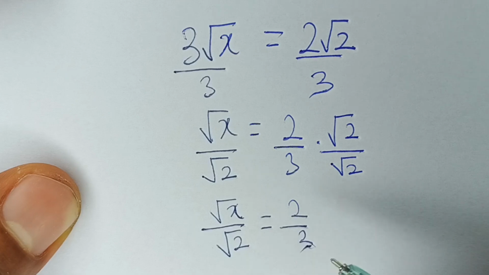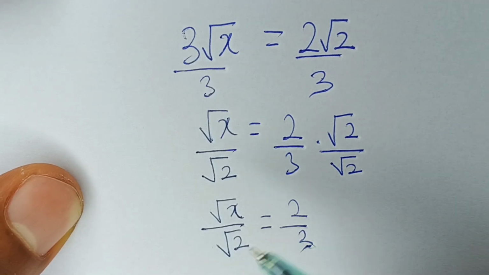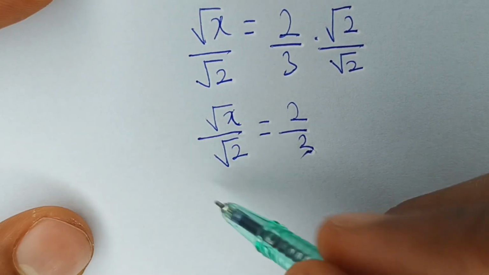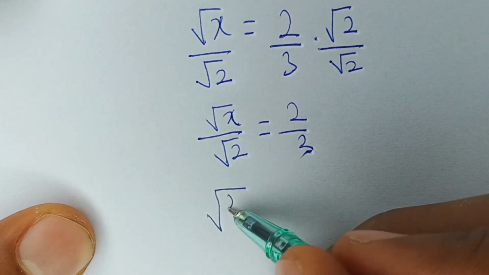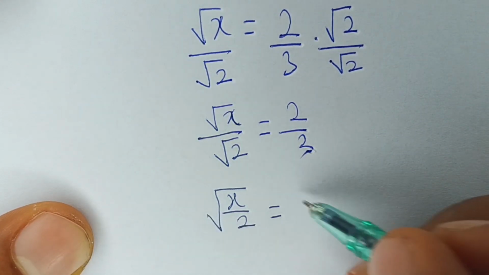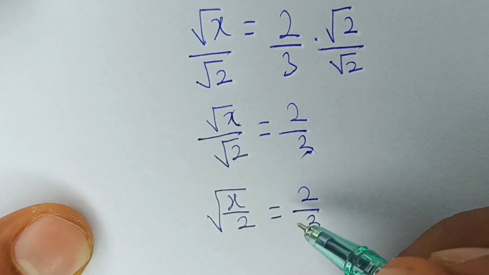We're getting somewhere. Now from this point, we can write this equation as the square root of x over 2 equal to 2 over 3.